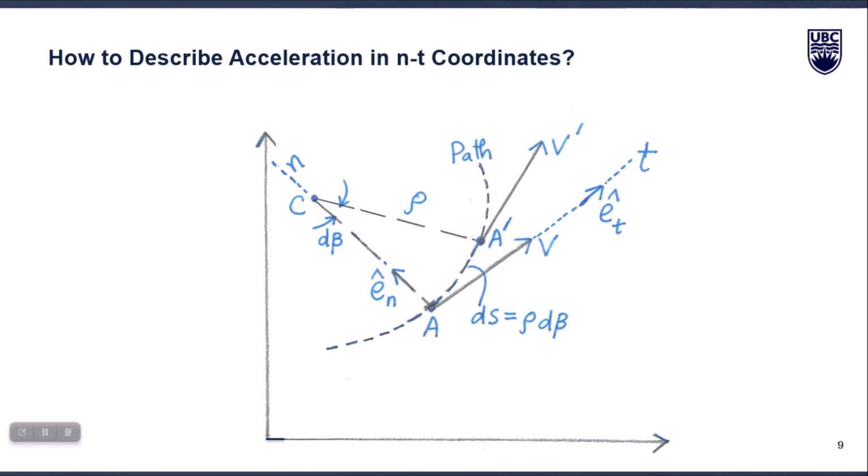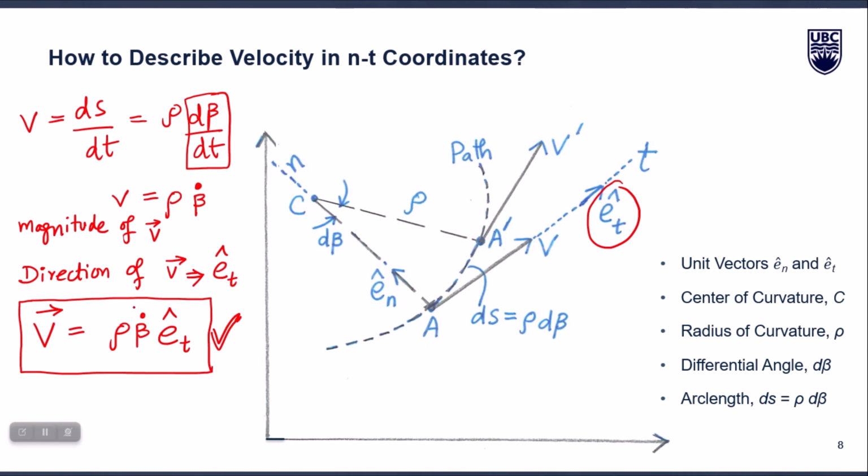As I said earlier, you will now see that acceleration has two components. One will be along the t axis, one will be along the n axis. So let's start with how we can write acceleration in this coordinate system. The acceleration vector is the first derivative of the velocity vector with respect to time. We have already seen what the v vector is, it is this quantity. So let's take its first derivative with respect to time.